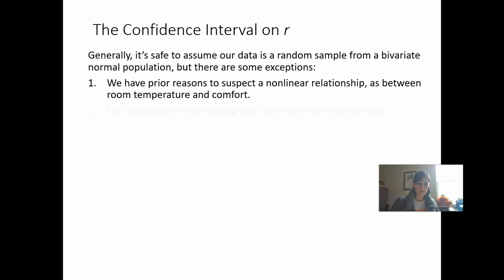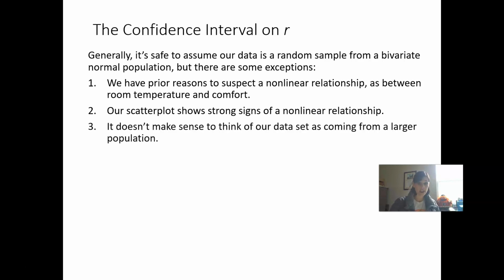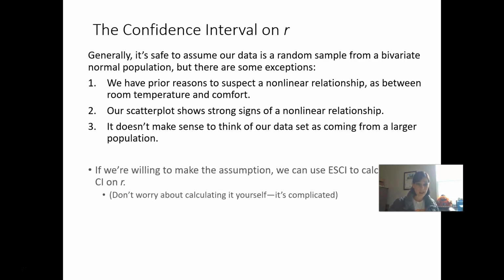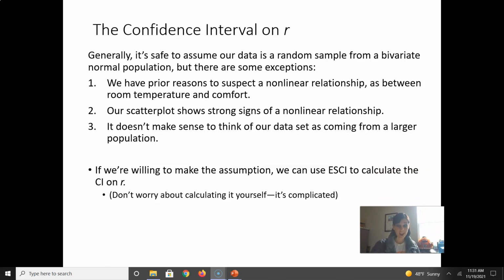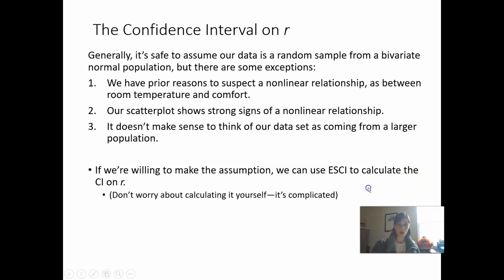It could also be an exception if our scatter plot shows signs of a nonlinear relationship. And additionally, if we don't think that our data set is actually coming from a larger population. So these would be the few times that we can't make this assumption, and we may not be able to calculate a confidence interval on r.